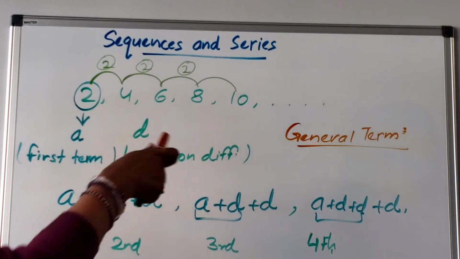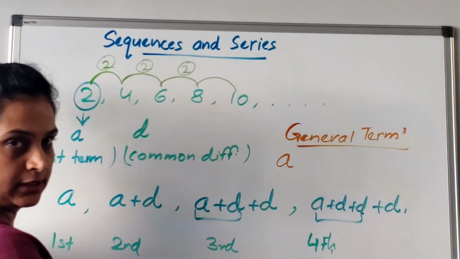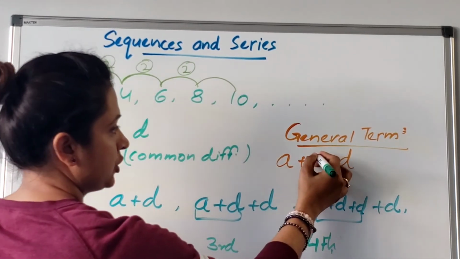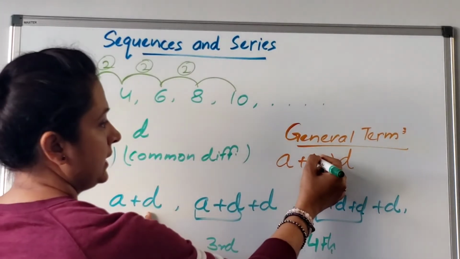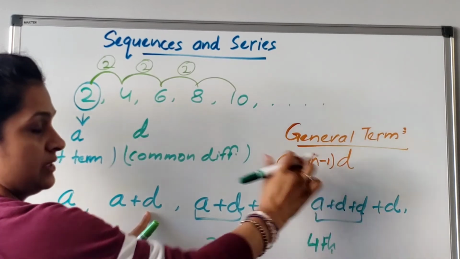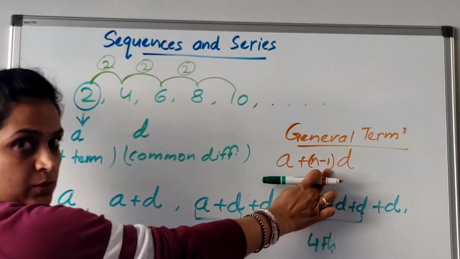So my general term formula is knowing the first term and adding D's to it, which depends on what number of term you're finding. If you're finding the first term, you don't need any D. But if you're finding the second term, you need 1 D. That means the second term needs just 1 D, which represents the term number minus 1.